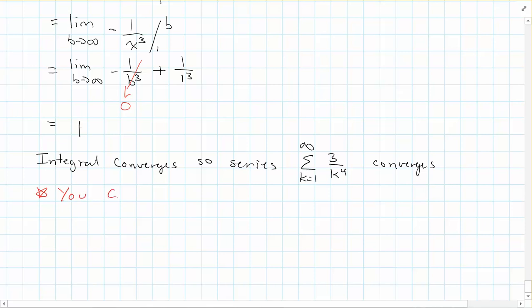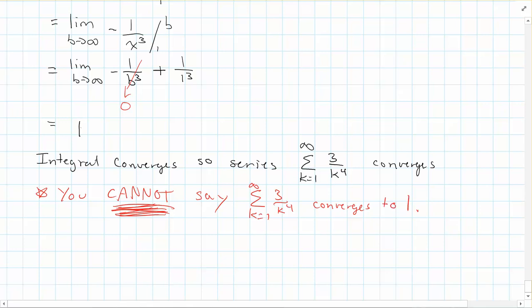You cannot, I'm going to underline it a whole bunch of times here, cannot say that this series of 3 over k to the 4th converges to 1. You absolutely cannot say that. That is not what the integral test tells us. It only tells us whether something converges or diverges.